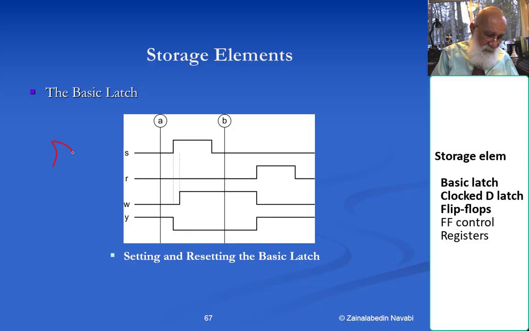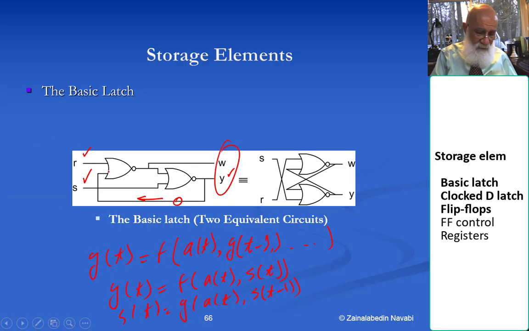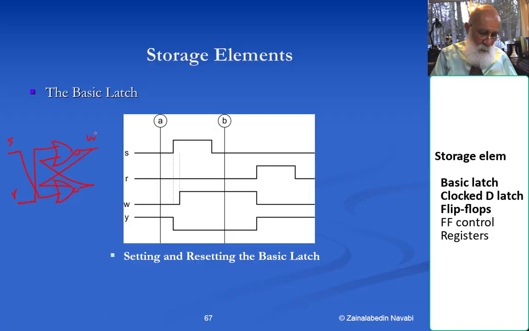Let's take this circuit. I'm going to repeat it here. Okay, the upper input is S, the lower input is R, the outputs are W and Y. And if I put 0, 0 here and just propagate the value 0, 0, Y becomes a 1 and W becomes a 0.